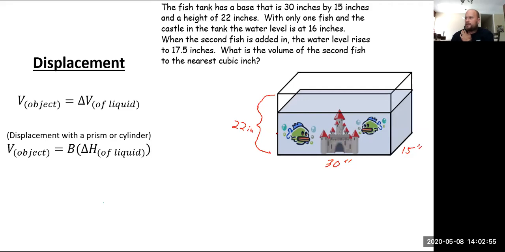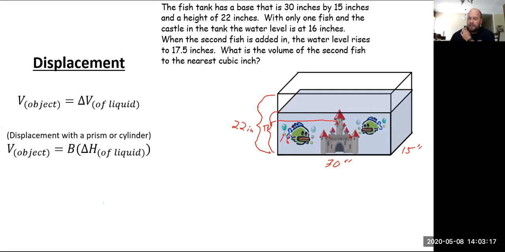What is the cubic volume of the second fish? Right now there's two fish in the tank, so this height was 17.5, but before, the height would have been 16 inches.